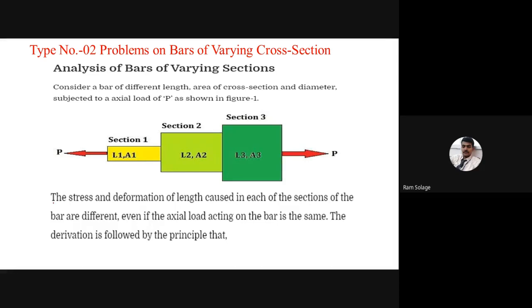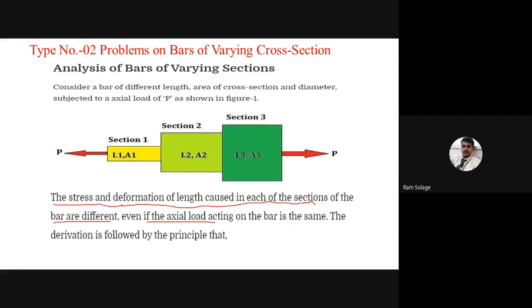Write down this sentence. The stress and deformation of length caused in each section of the bar are different, even though the axial load acting on the bar is the same.